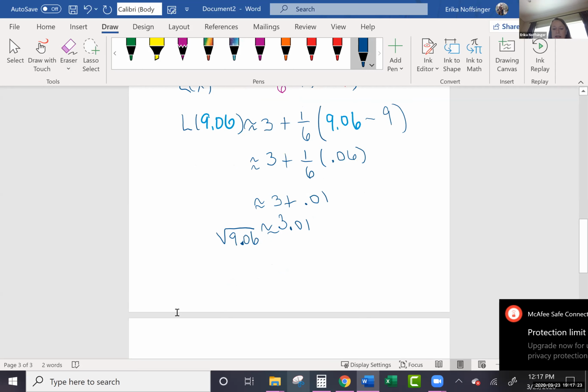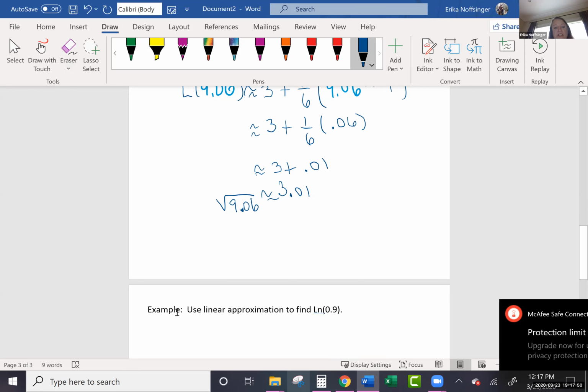Okay, so let's do another example. Use linear approximation to find the natural log of 0.9. So first thing you want to do is find a function that's going to represent the natural log.